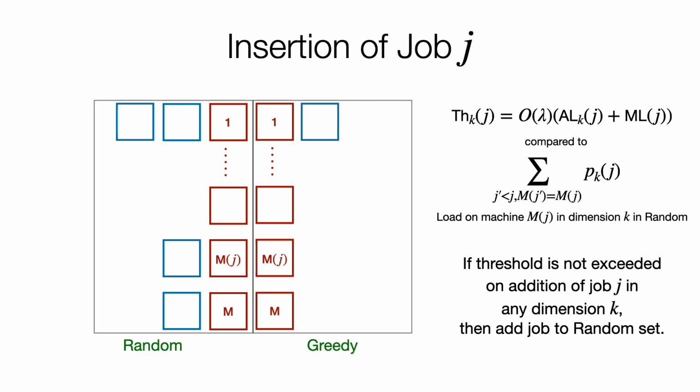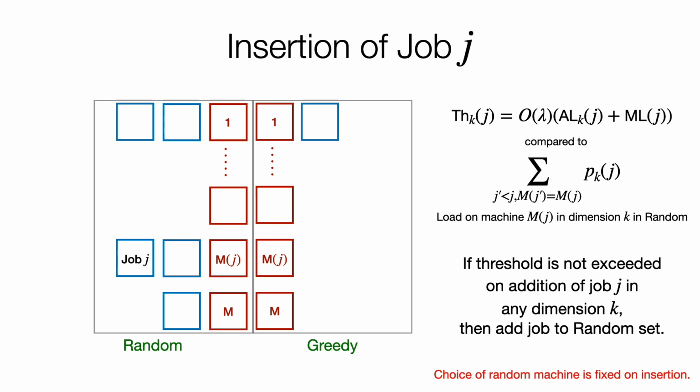M of J is the random machine picked for job J when we insert it. If this threshold is not exceeded when we add job J to the random set in any dimension K in machine M of J, then we leave it in the random set.